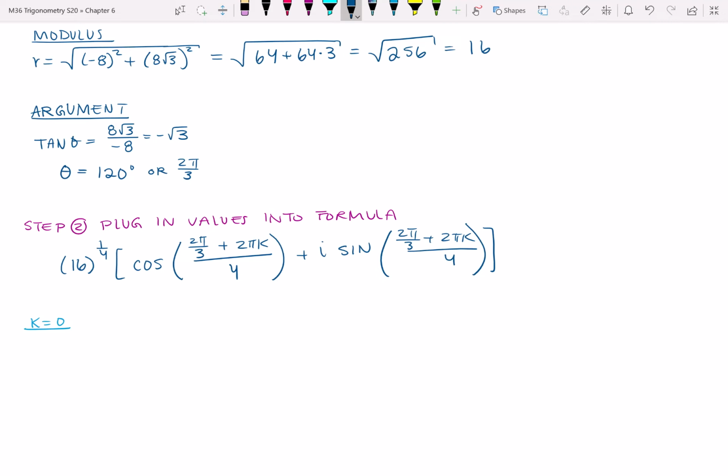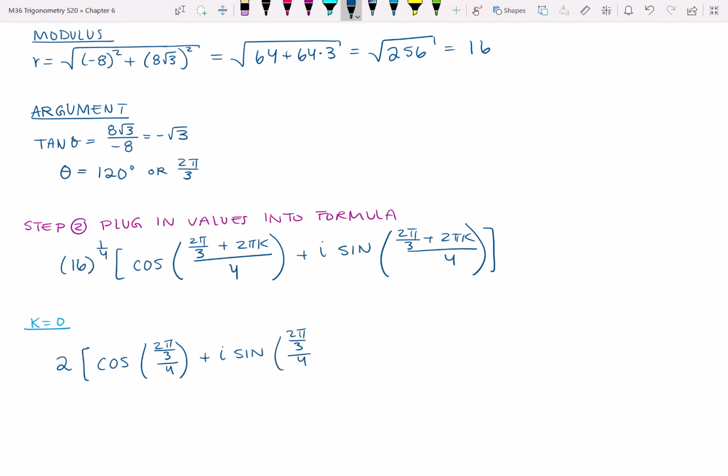So we have 2 times cosine of 2 pi over 3, and since k is equal to 0, the 2 pi k term goes away and we just divide by 4, plus I sine of 2 pi over 3 divided by 4.